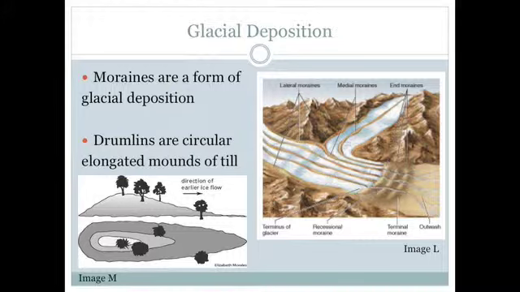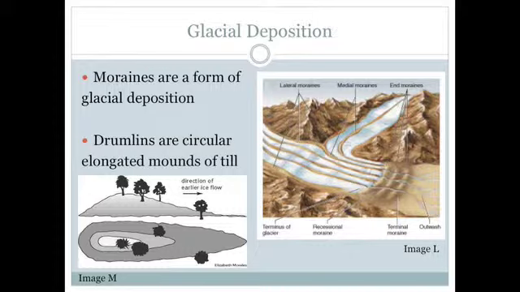Next, for glacial deposition. A common sign of glacial deposition is moraines. There are many different types of moraines, such as lateral moraines, medial moraines, ground moraines, terminal moraines, and recessional moraines. Now, moraines are created when sediment is dropped by the glacier.